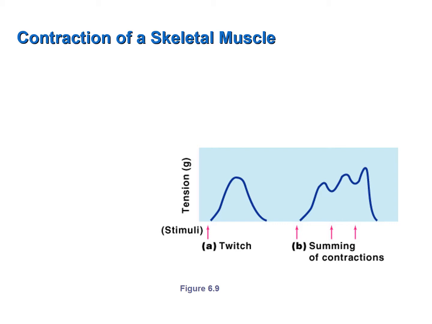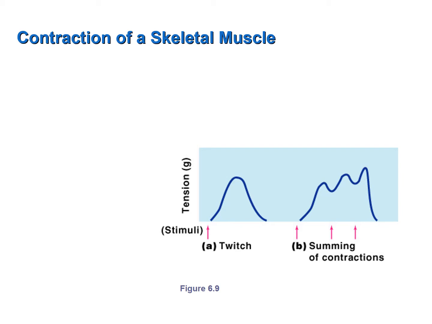After the first stimulation, we see a rise in tension, and it begins to decline as the calcium moves back into the sarcoplasmic reticulum. Then another electrical stimulation is delivered. Calcium moves back out of the sarcoplasmic reticulum, and there is a rise in tension. And this rise in tension is even greater than the tension produced from the previous stimulus.